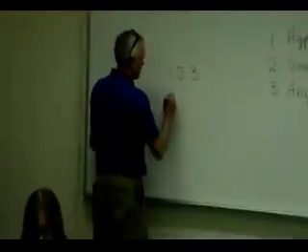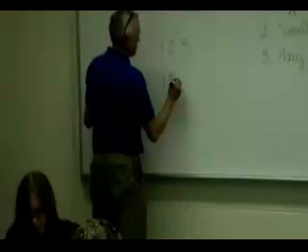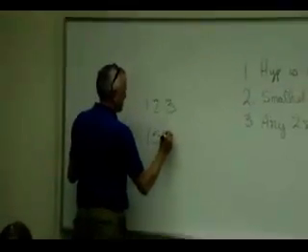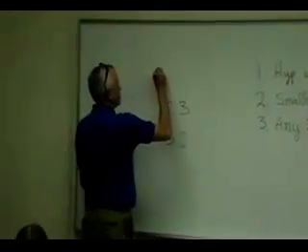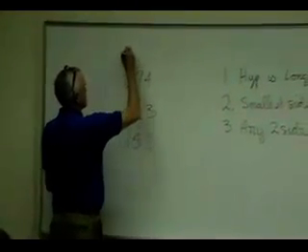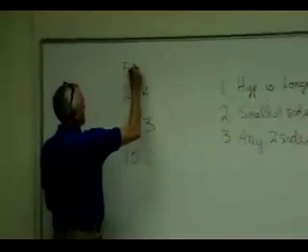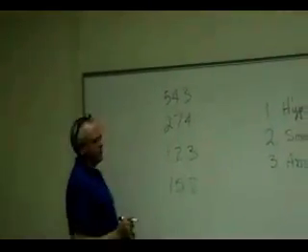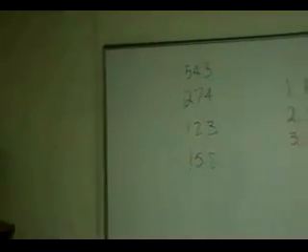So, I'm going to give you some choices. 1, 2, 3. 1, 5, 8. 2, 7, 4. 5, 4, 3. Which of these can be triangles? Those are our 3 sides.